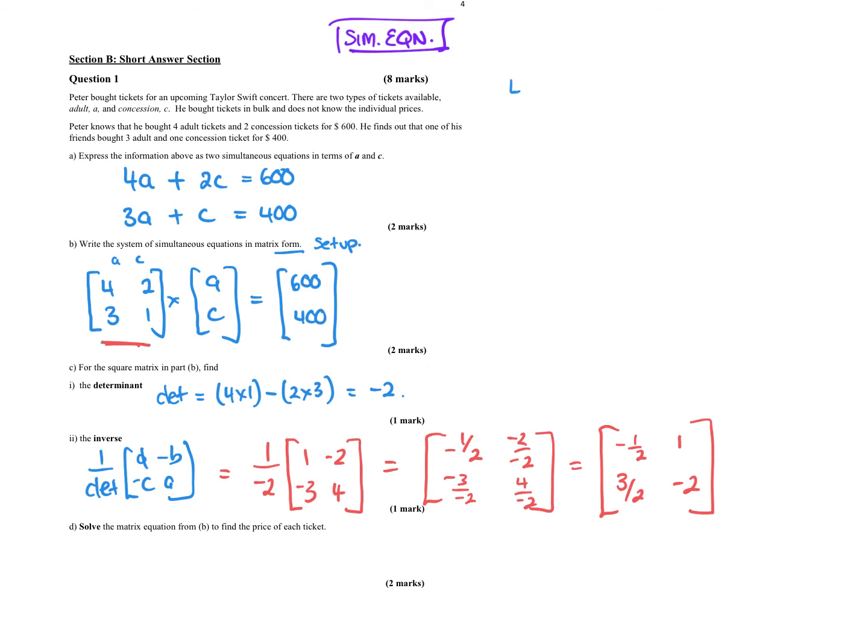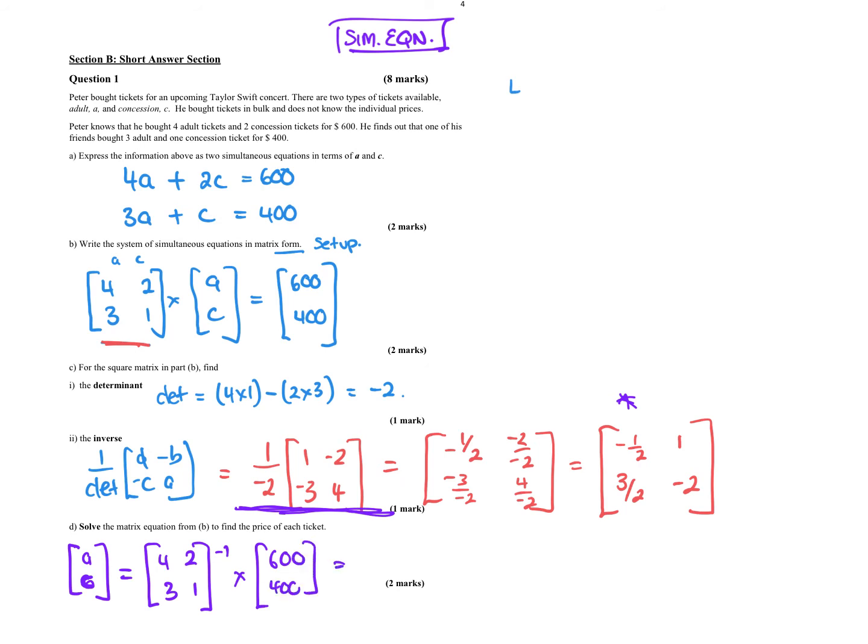You just probably need to show your working out a little bit, like at least to this point, and then you can chuck it in the calculator and let it fix it. And then, all right, when it says solve, that's where we might just show, it was adult and concession. We might just show what we would do. So we know if we're just quickly solving it, we just chuck that into the -1 and we times it by 600 and 400.